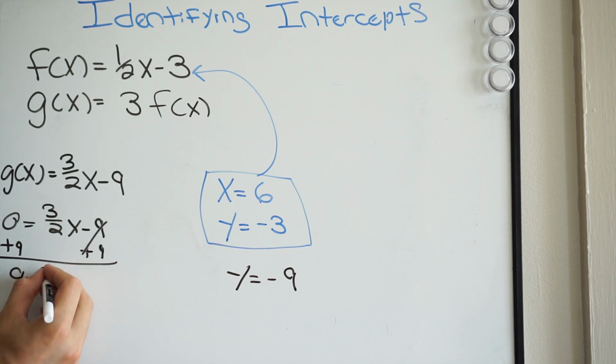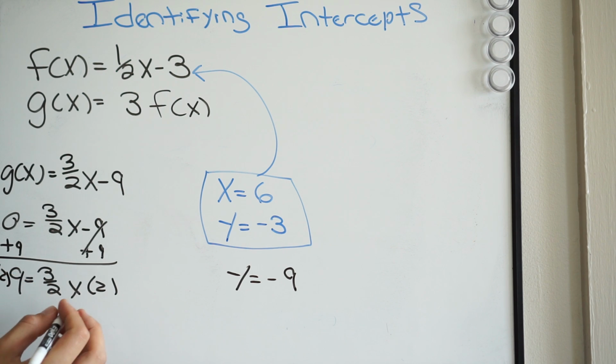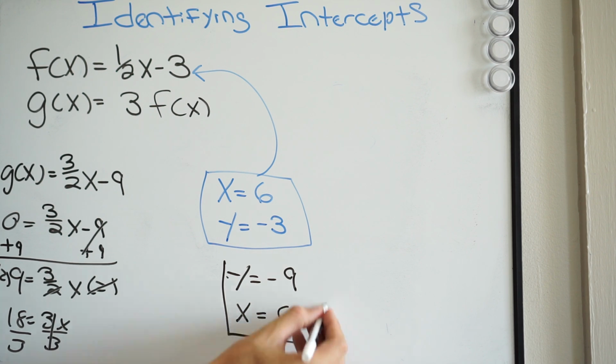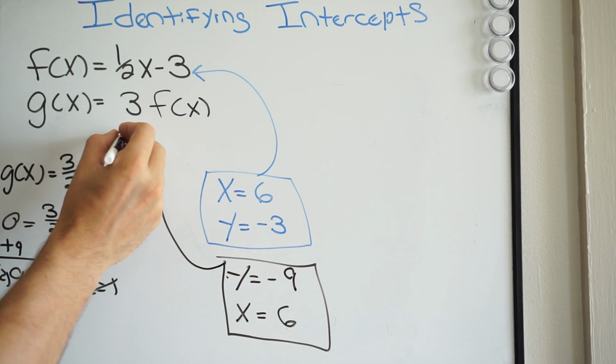We get 9 equal to 3 over 2x. Multiply both sides by 2. Cancels, we get 18 equal to 3x. Divide both sides by 3. At this point we get x, the x-intercept here, is going to be 6. And this here will be our final answer. So again, y-intercept, x-intercept, and that's for our g of x.